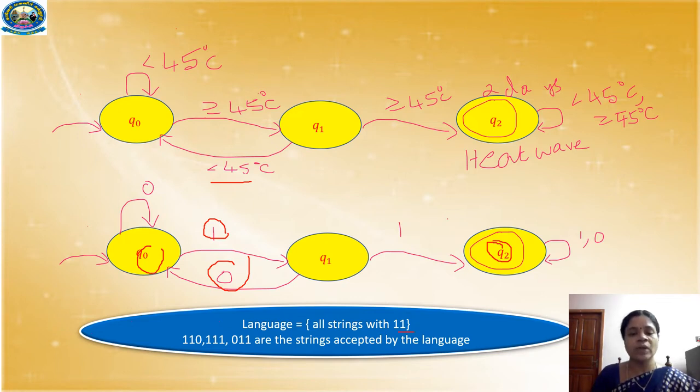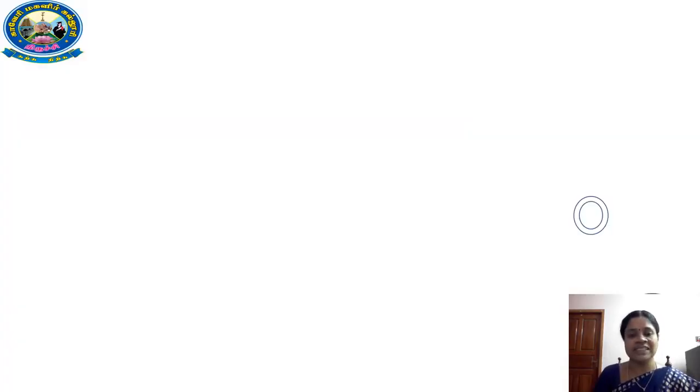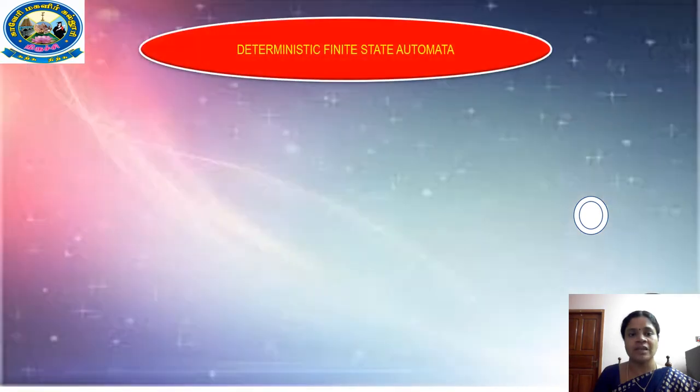So the language will be given as 110, 111, 011, and so on. So these strings are accepted by the language. Now let us see the formal definition for deterministic finite state automata.